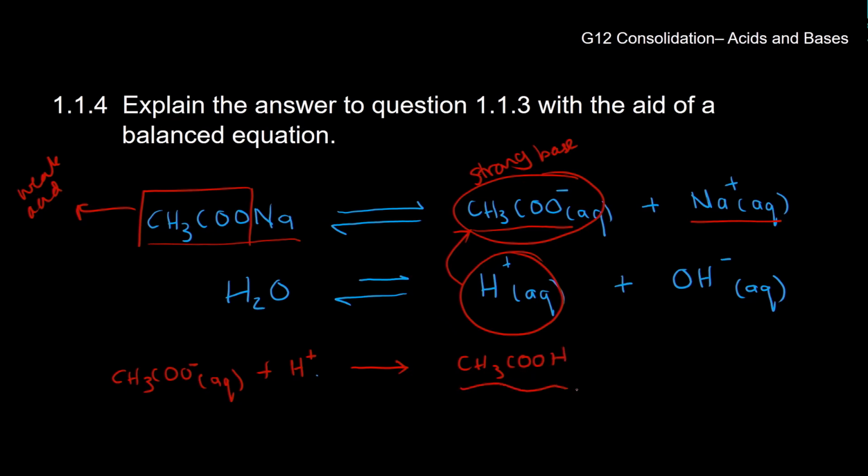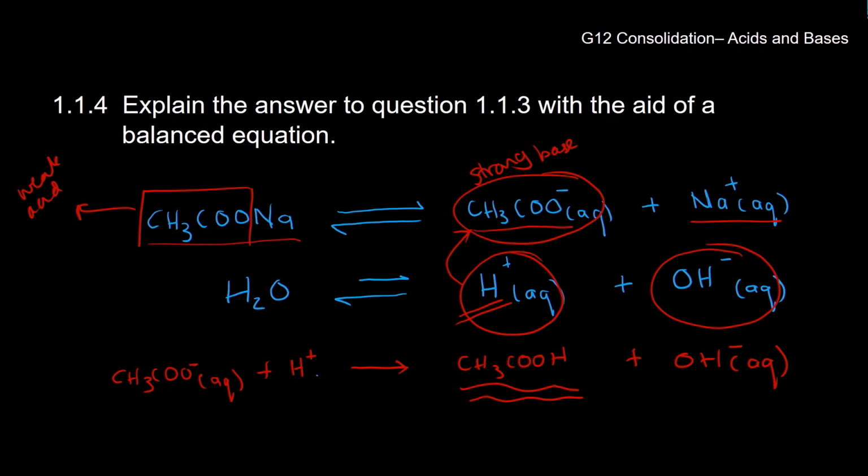It likes being in that molecular form. But what else do we have here? We have OH minus. And so the OH minus ions are going to be in solution. The H plus ions have been removed from solution by this reaction.